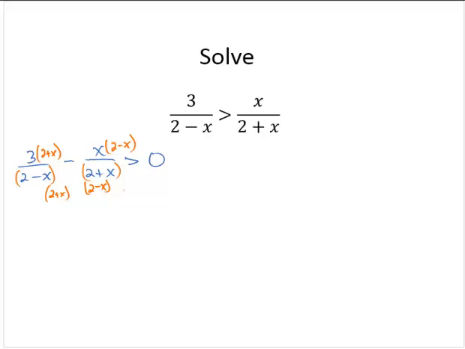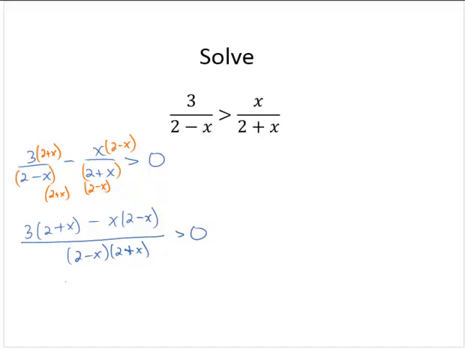So now I have a common denominator and I can subtract the fractions. I have 3 times 2 plus x, subtract x times 2 minus x, all over 2 minus x, 2 plus x is greater than 0.